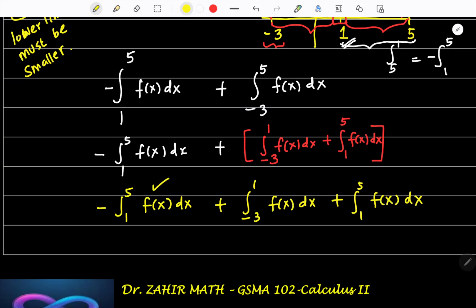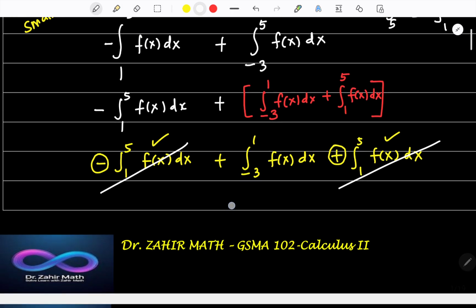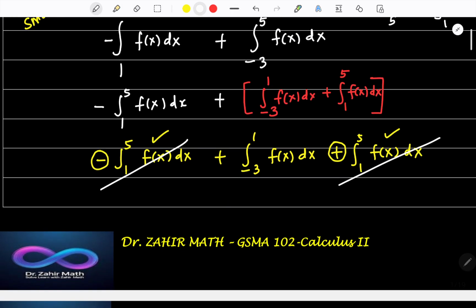Wow, look at here. This and this are the same integral, but one with positive sign and another with negative sign. If it is like this, what happens? It gets cancelled. So what is your resulting answer? Your resulting answer is integral minus 3 to 1 f of x dx.